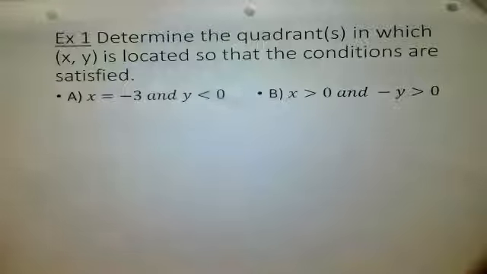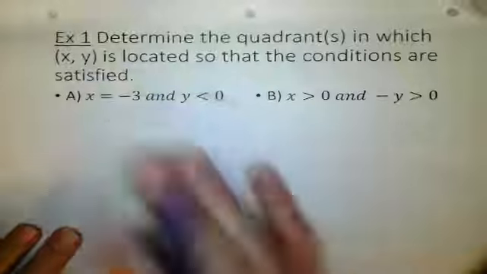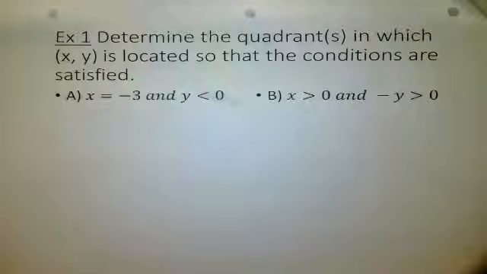All right, here we go. We have a couple of conditions here. In letter A, I have the condition that x is equal to -3 and y is less than 0.